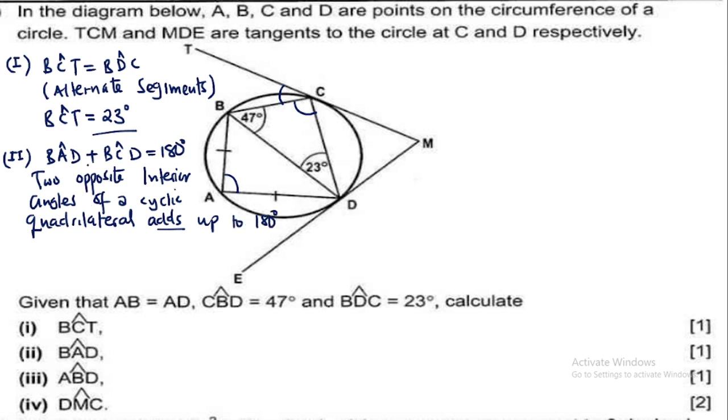So when you add your BAD plus the BCD, it is supposed to give us 180.